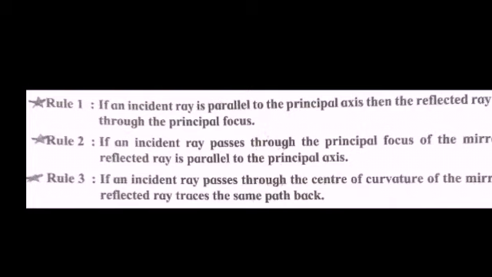And rule 3, according to figure 3, is, if an incident ray passes through the center of curvature of the mirror, the reflected ray traces the same path back. Friends, these are the 3 rules.